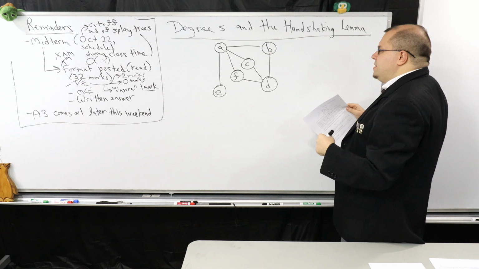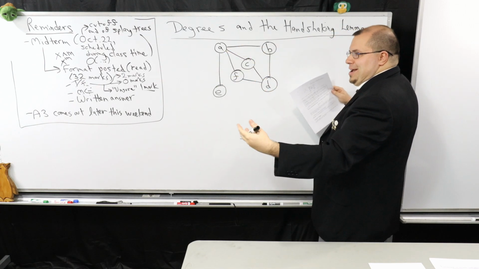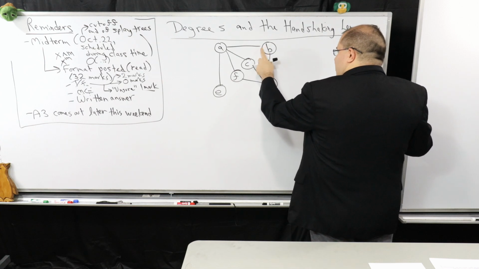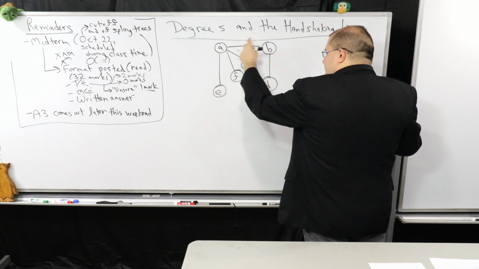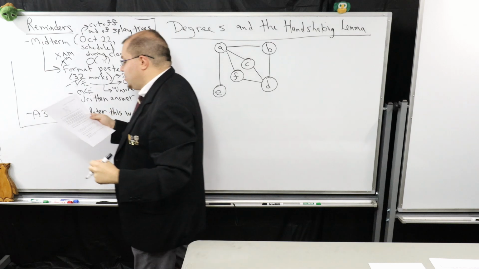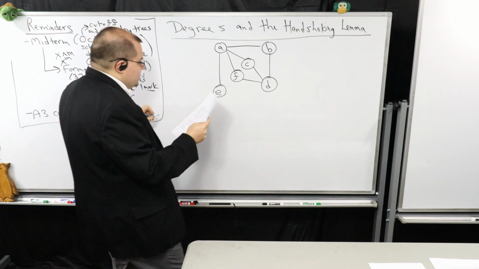Another way you can view this is that there's an edge that's incident on A, and you look at the endpoint and ask, are they adjacent? How many do I have here? I got 1, 2, 3, 4. I have 4 neighbors for A. This is one way we can talk about the degree of a vertex, but I'm going to define it more generally just to make things a little easier for us.